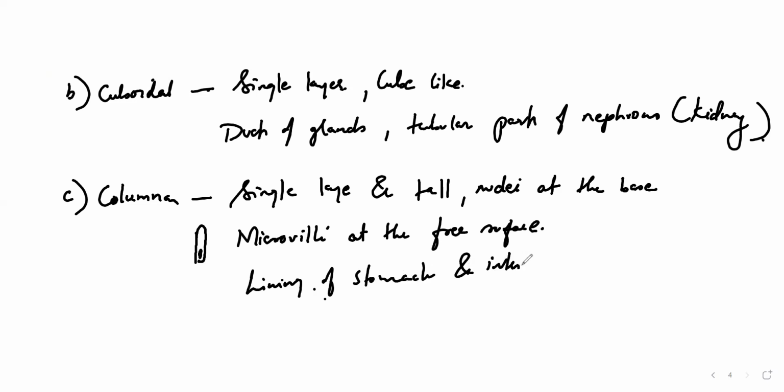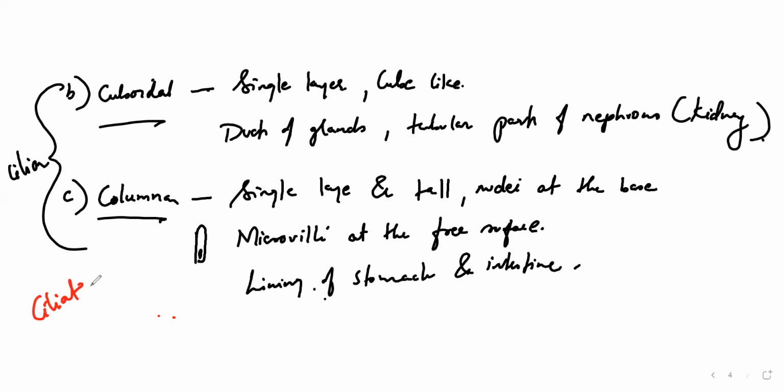Okay, so sometimes what happens is these cuboidal and columnar cells bear cilia. Cilia means small hair-like structures they will bear on the free surface. So when they bear the cilia, then they are called ciliated epithelium.